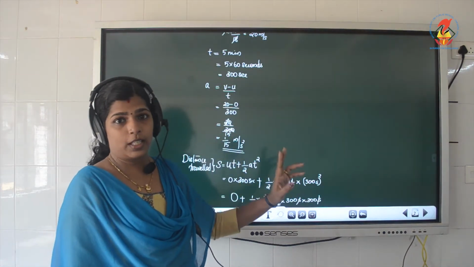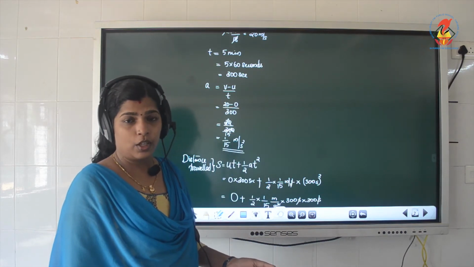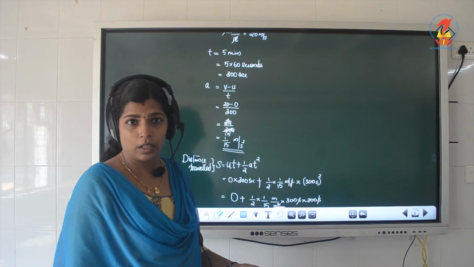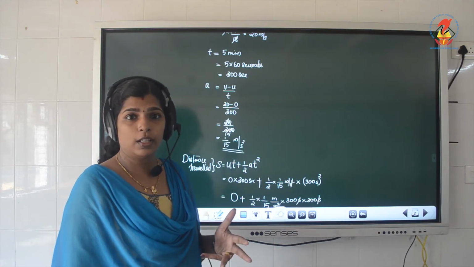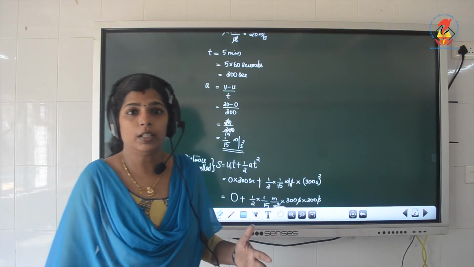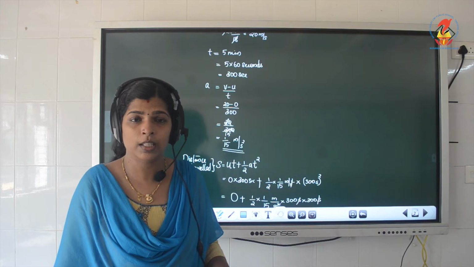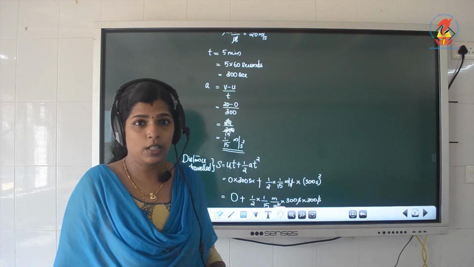First, in this question, the object starts from rest, so the initial velocity is 0. The final velocity is given in kilometer per hour, so we converted it into meter per second. Then, time is given in minutes, so we converted it into seconds.